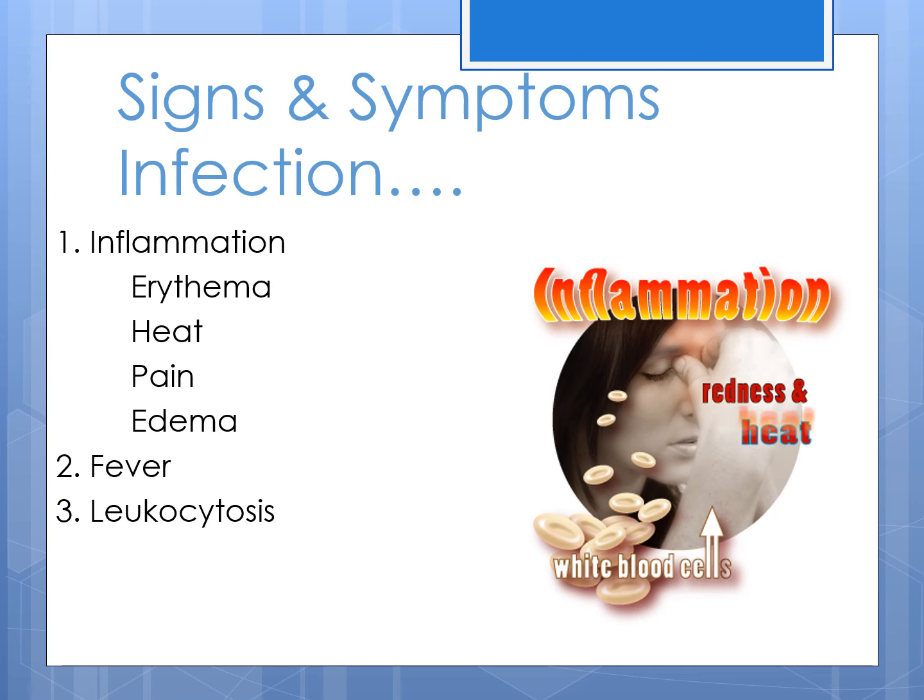Some signs and symptoms of infection include heat, pain, edema, fever, and leukocytosis. Leukocytosis is an increase in the number of white blood cells in the body, especially during an infection.